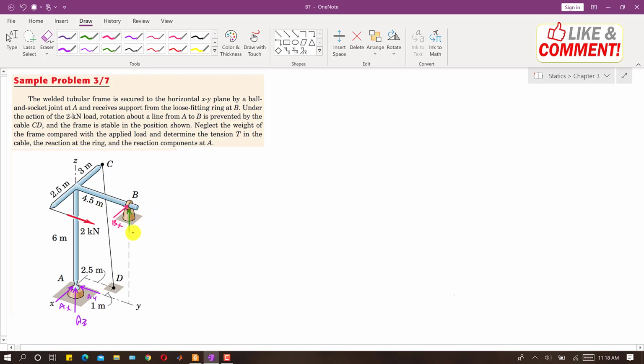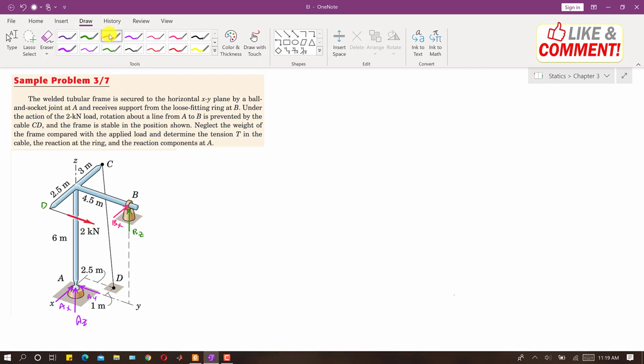So it can move. This is BZ, and it is said that under the action of a 2 kilonewton load, here there is a 2 kilonewton force applied at this point, let's say D. And it is said that rotation about a line AB is prevented by the cable CD. So this CD prevents the rotation of this frame about line AB.